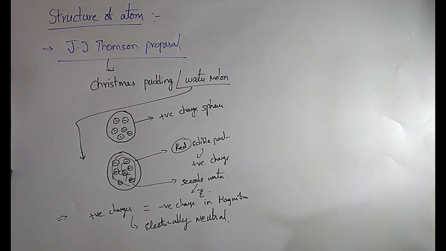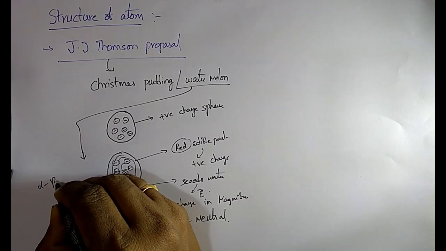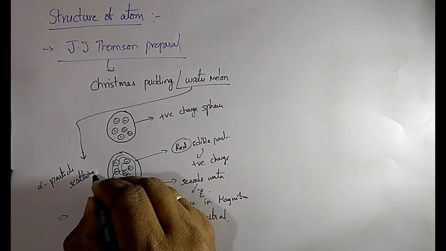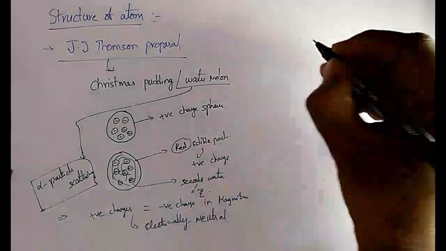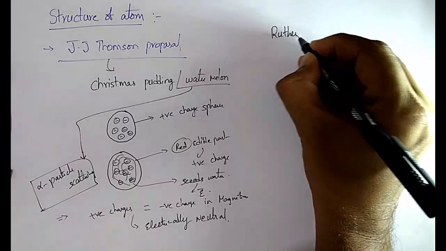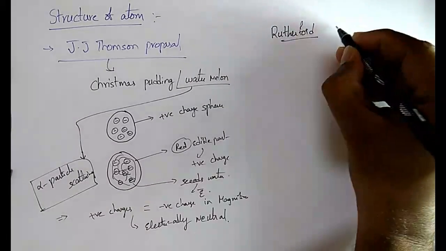Coming to the drawbacks of J.J. Thomson's model, it could not explain alpha particle scattering. This is explained by another scientist, Rutherford.